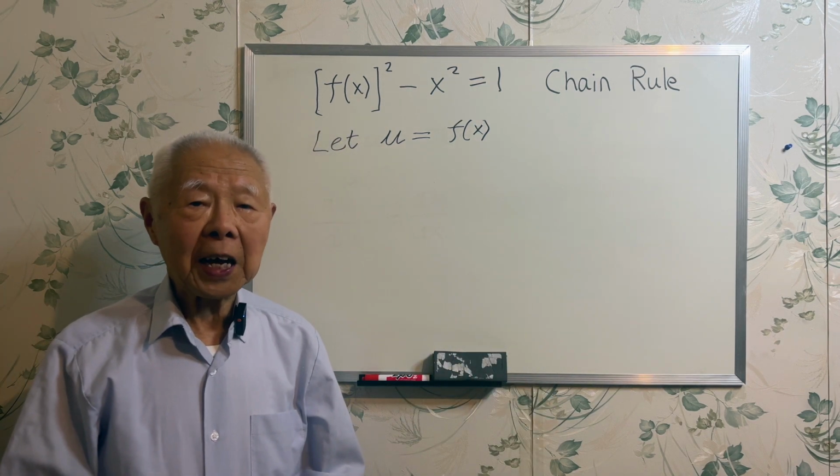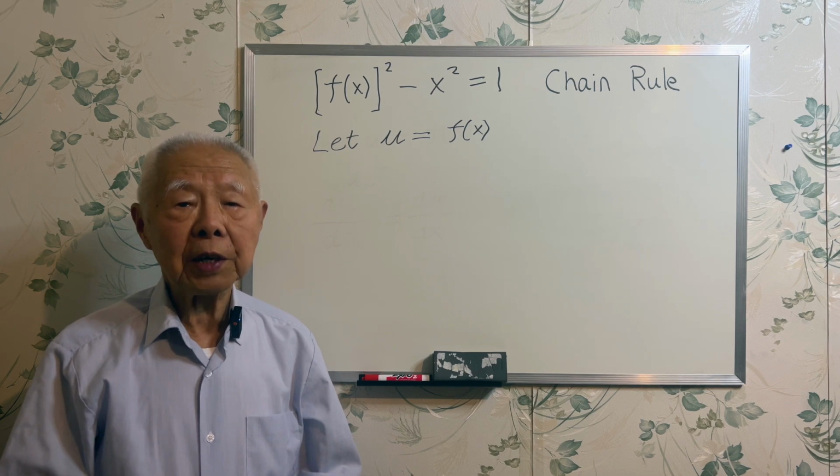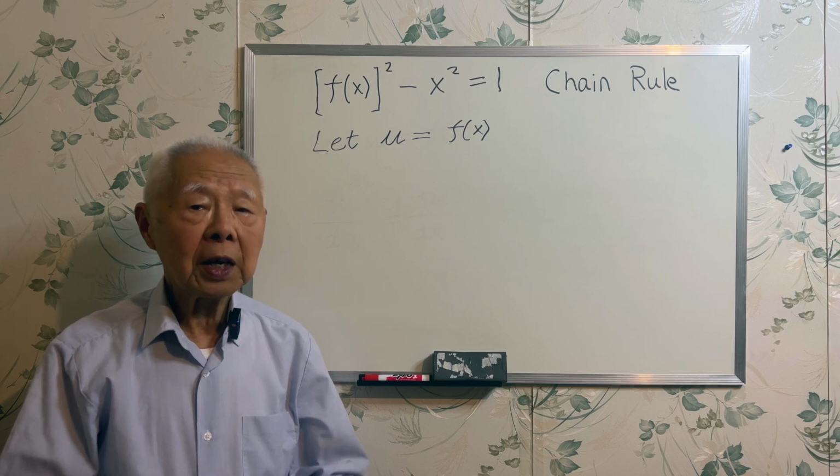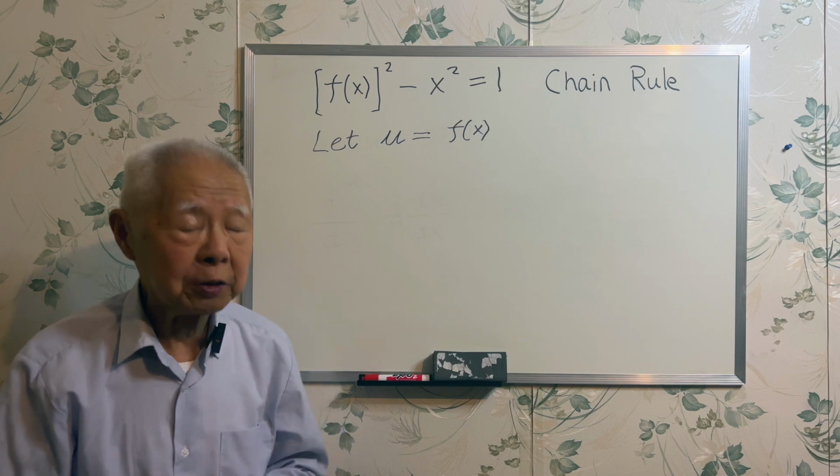Let us represent f of x by the letter u. Therefore, the derivative of f of x squared is the derivative of u squared.